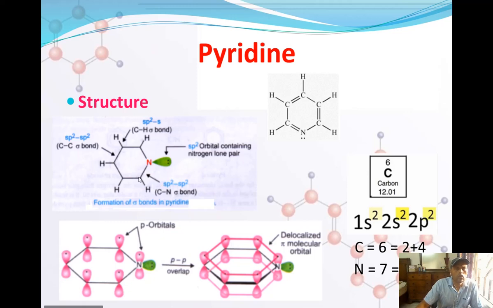All of those sp2 orbitals form sp2 orbital bonds, right? Again there is one sp2 here, one sp2 here, here one more sp2. It forms a bond with the s orbital of hydrogen.